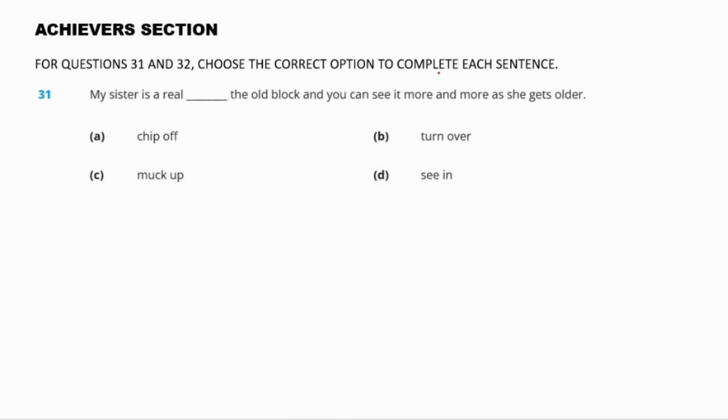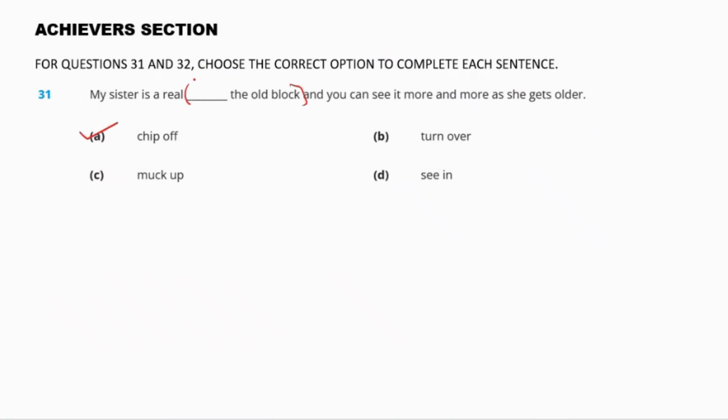Now, this is a complete idiom that is used, and we have to find the rest of the idiom. So options are A, chip off, option B, turnover, option C, muck up, and option D, see in. So in order to complete this idiom, dash the old block, the answer will be option A, chip off.